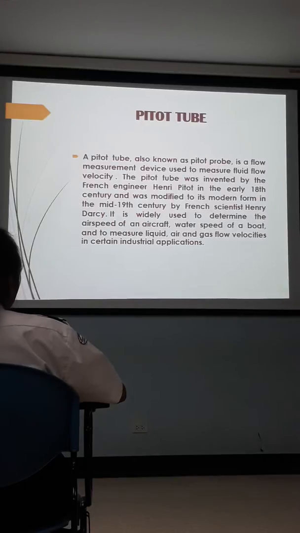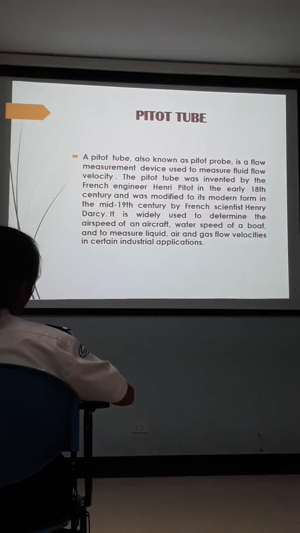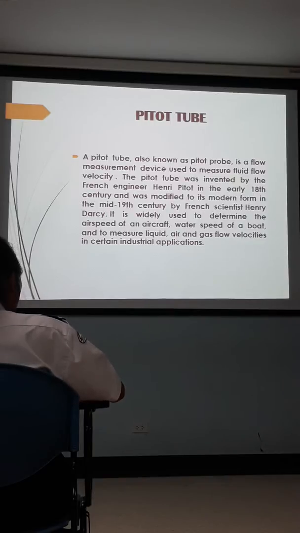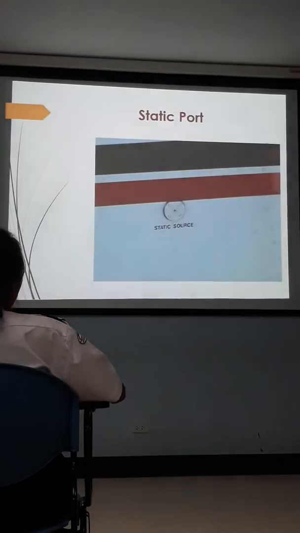It is widely used to determine the airspeed of an aircraft, the water speed of a boat, and to measure liquid, air, and gas flow velocities in certain industrial applications. This is where we get ram air from.